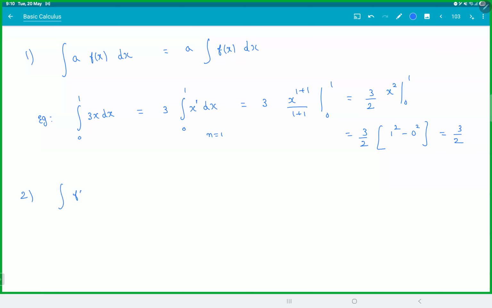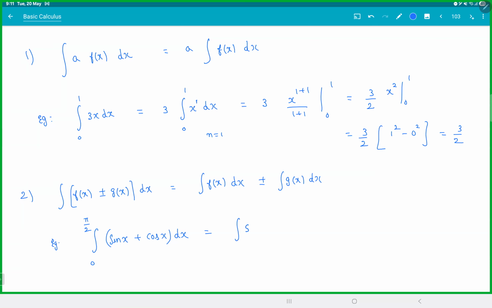Second thing, if you have 2 functions, f of x plus or minus g of x into dx, you can simply separate them out: integral f of x dx plus or minus integral g of x dx. So, example, if you give me something like integral of sin x plus cos x, then I can integrate this as integral sin x dx plus integral cos x dx.